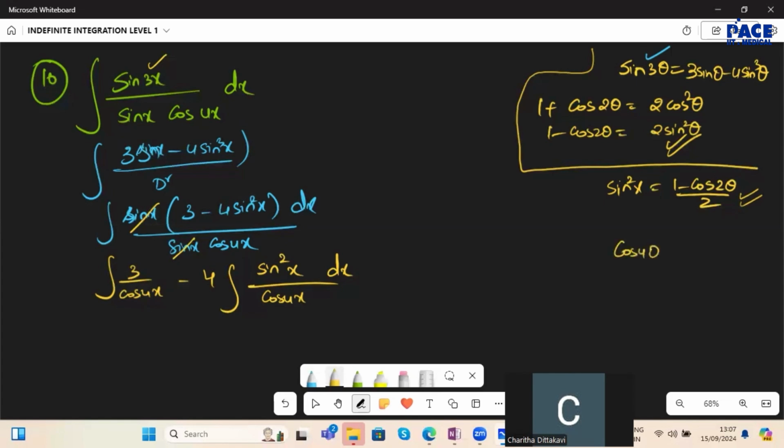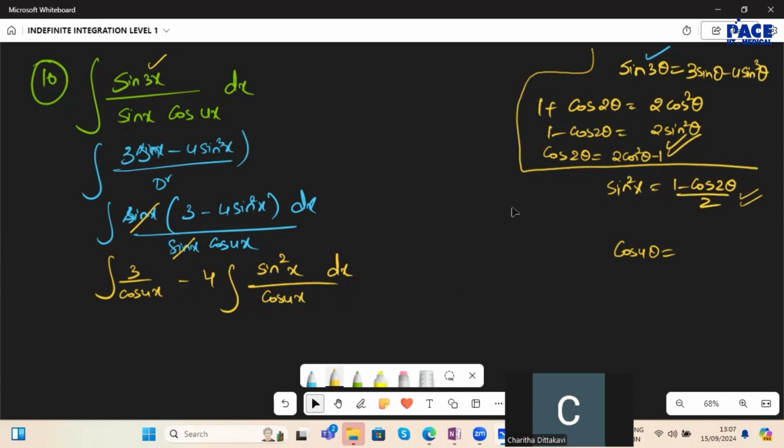I also know that cos 2 theta is 2 cos square theta minus 1. As there is a huge gap between x and 4x, I can increase my x to 2x, decrease my 4x to 2x, so that those two remain the same. I know that 1 minus cos 2 theta is 2 sin square theta. Hence, sin square theta is (1 minus cos 2 theta) by 2. Replacement can be done there.